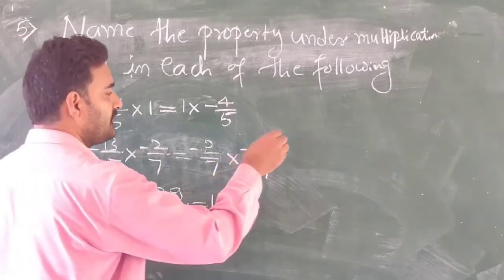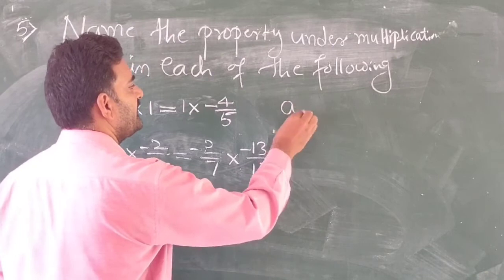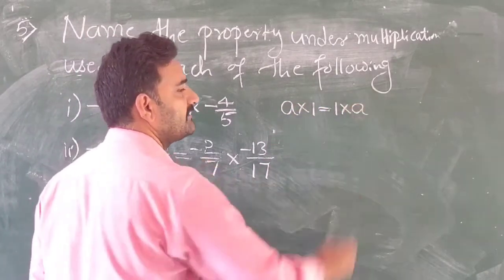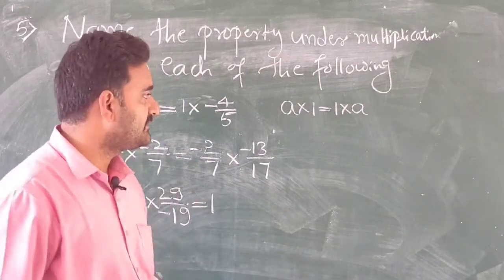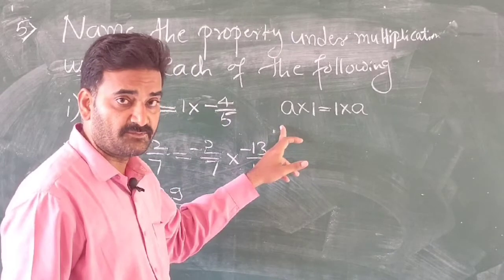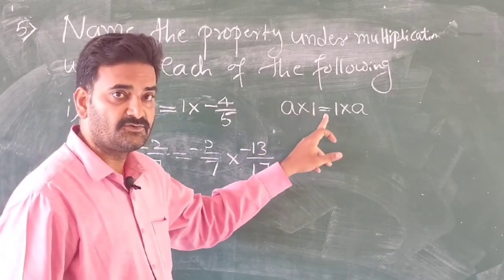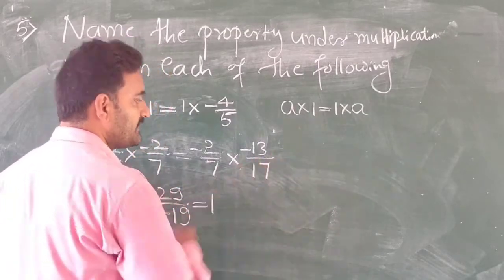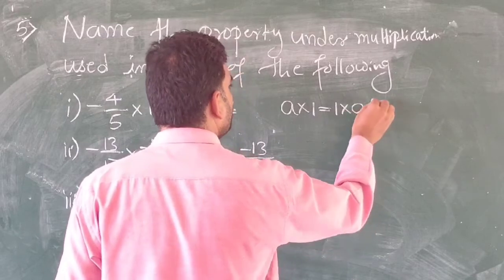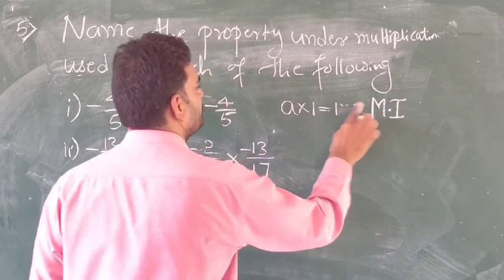Now if you recall the properties you learned, A into 1 is equal to 1 into A. Which property is it?